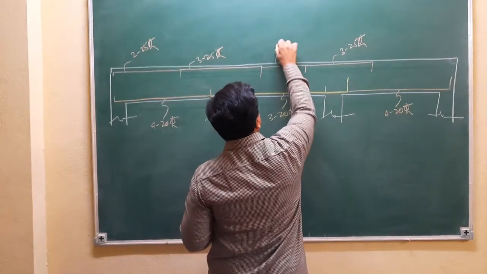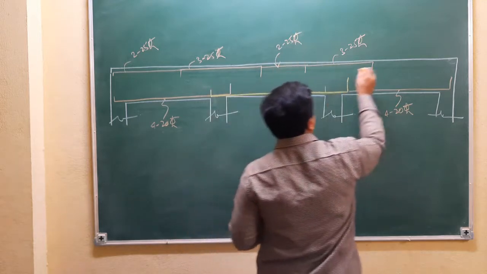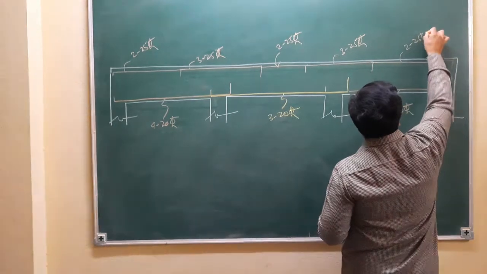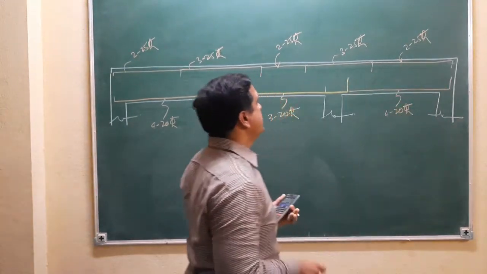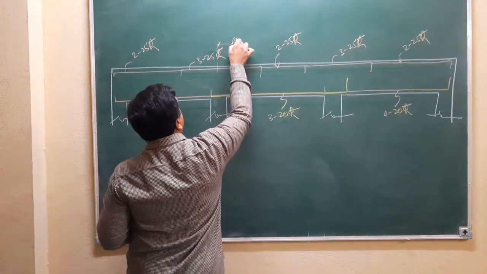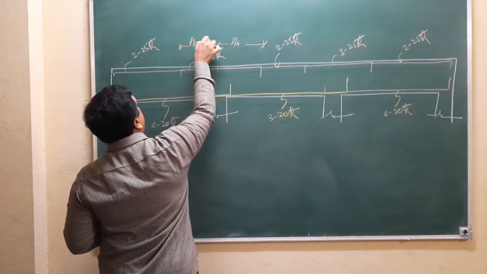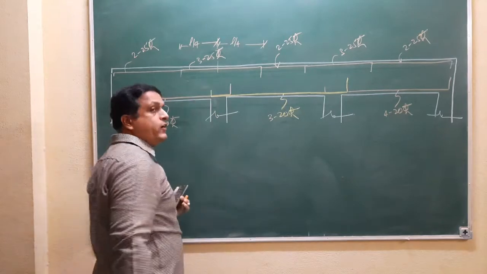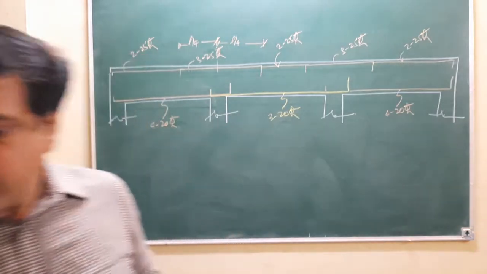Same thing, 2 bars of 25 mm tall at this location, and at this location. You have to extend the bar, and at this location only L by 4 length, that means L by 2 length, only 3 bars of 25 mm bars.